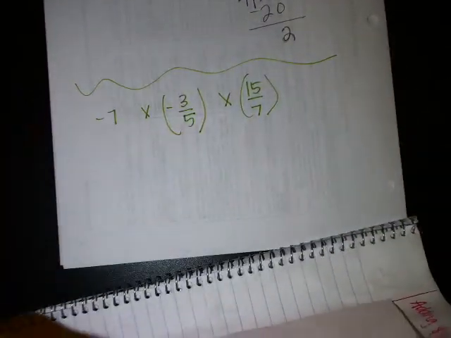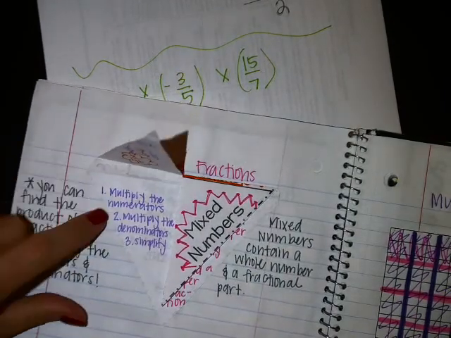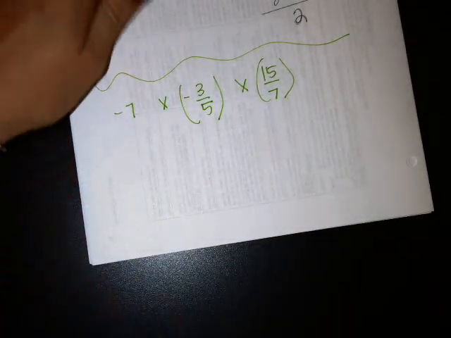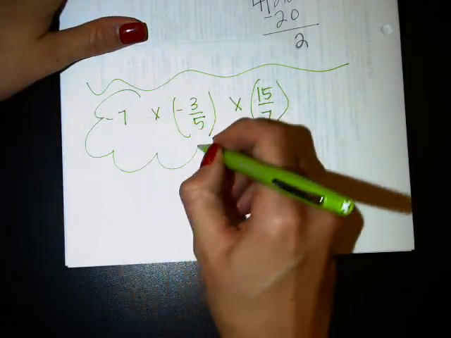That is this one, multiplying fractions. Basically what you do is you just multiply the numerators, multiply the denominators, and simplify.